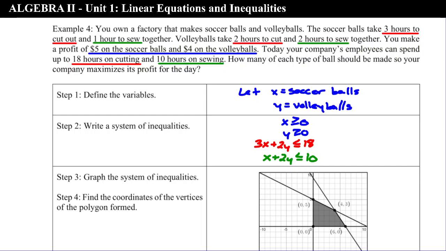Okay, that is the profit that you make, and you're trying to maximize that profit because that's what they're asking for. How do we maximize the profit? So, since this is the type of profit that we make based on each type of ball, we are going to write that as our objective equation.